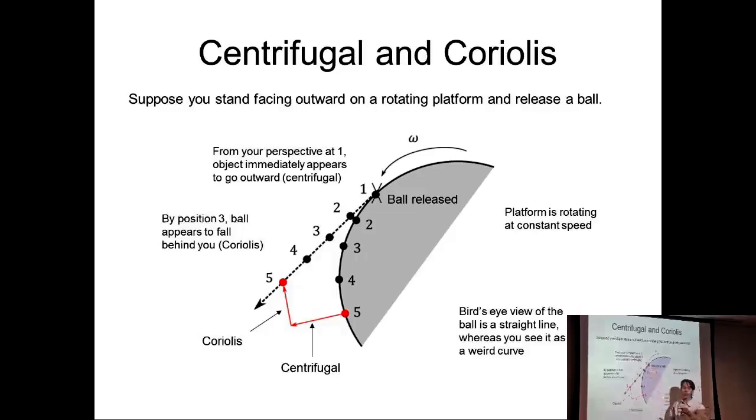From an observer who's standing on top of this system, the ball moves like it's in a straight line. And we've noted equal time steps along that straight line. You're still on the turntable. From your perspective, the ball is both moving out and deflecting at the same time. The contribution of moving out is the centrifugal force, and the contribution of lateral motion because of this rotation, that's the Coriolis force.